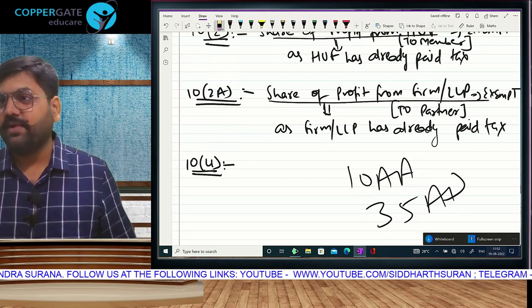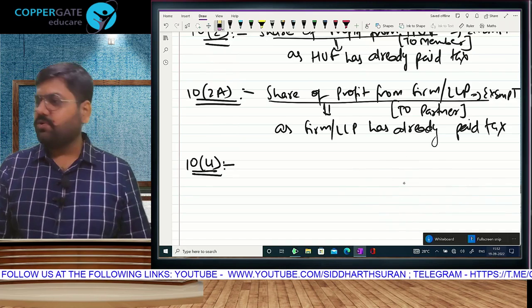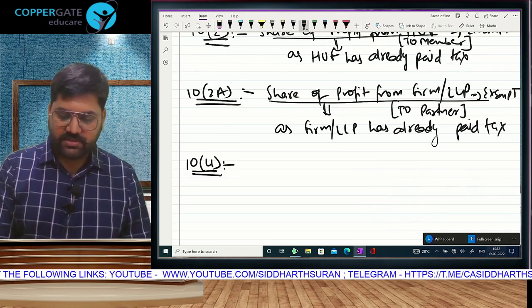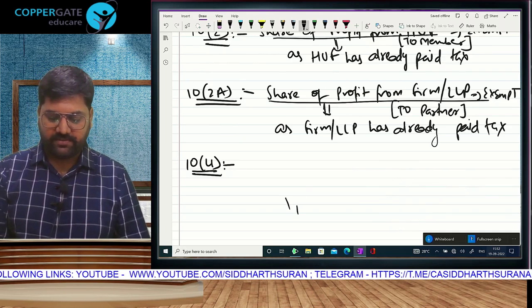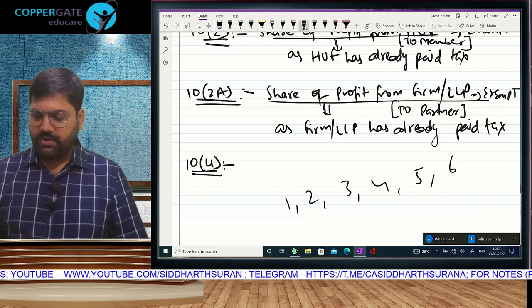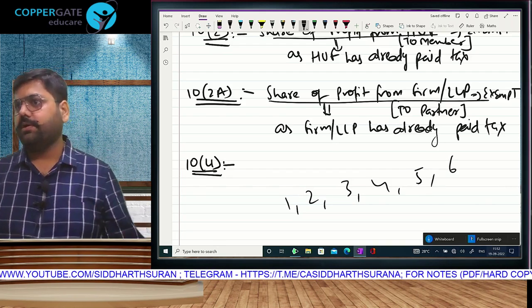It came subsequently by way of an amendment. You must have been taught this somewhere in your law syllabus. When the law was created, it was section 1, 2, 3, 4, 5, 6. And if we talk about section 10, within brackets also 1, 2, 3, 4 when the law was created.